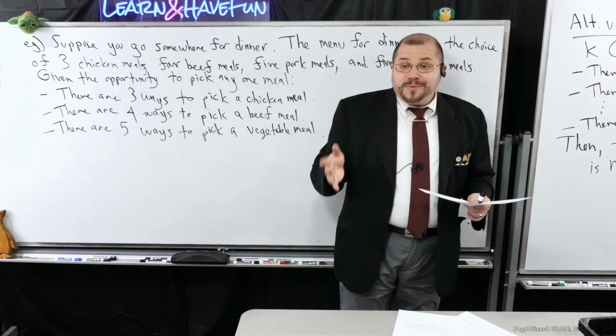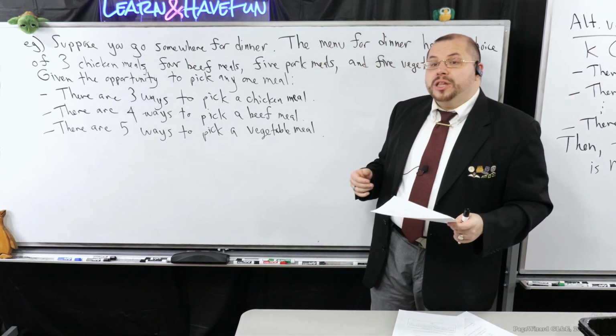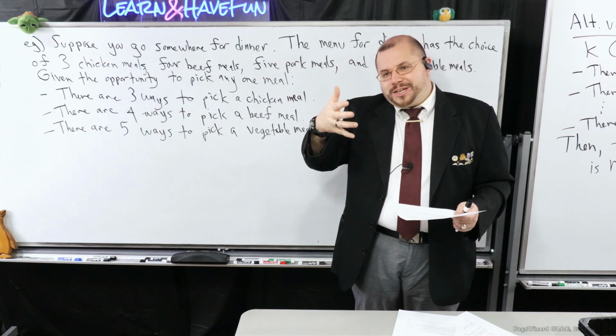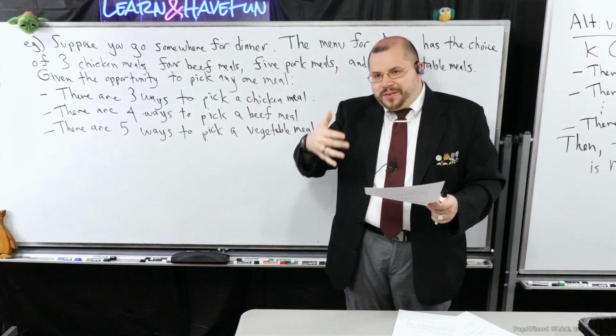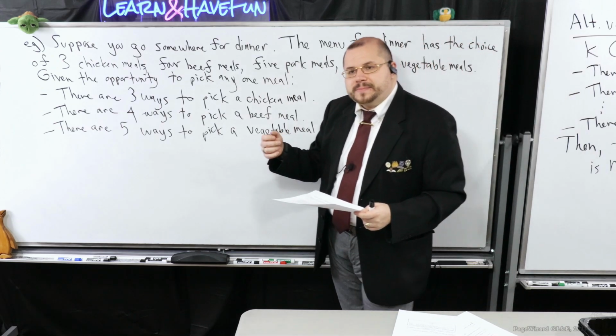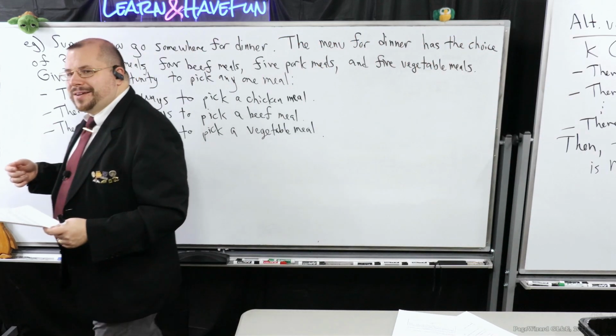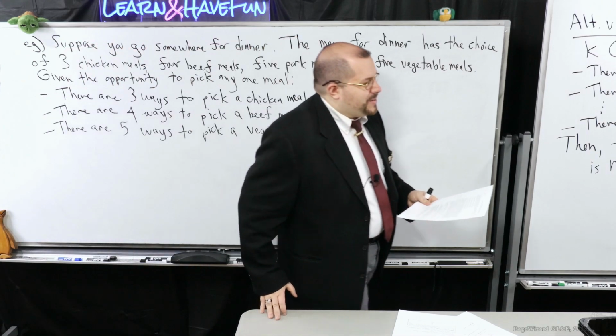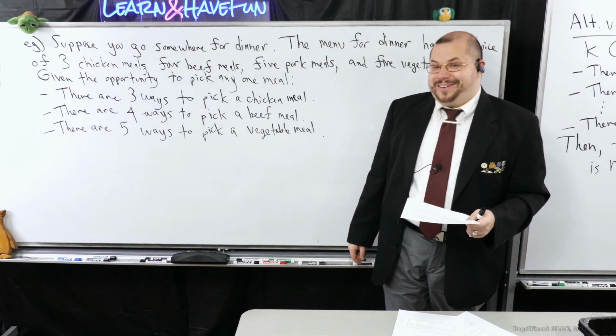You're going somewhere, you're going to have something to eat. You look at the menu. And you see that, okay, there's these chicken meals, you have the beef ones, you got the pork ones, and you got the vegetable ones. So how many are there? How many ways can you pick a meal here?